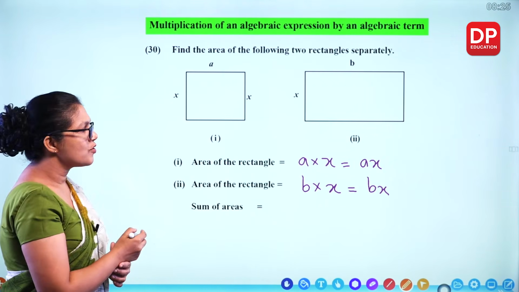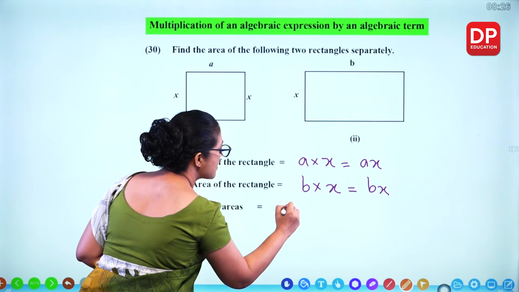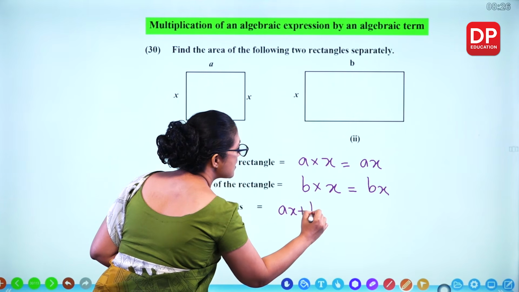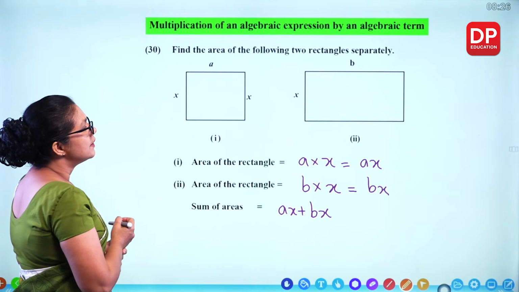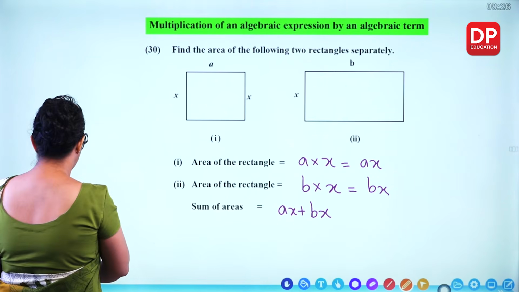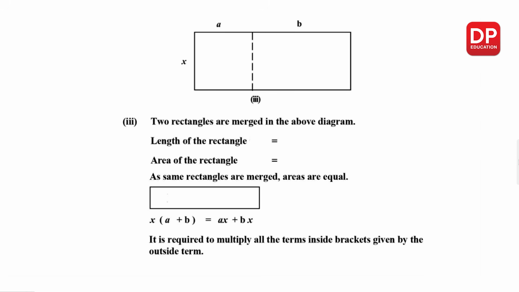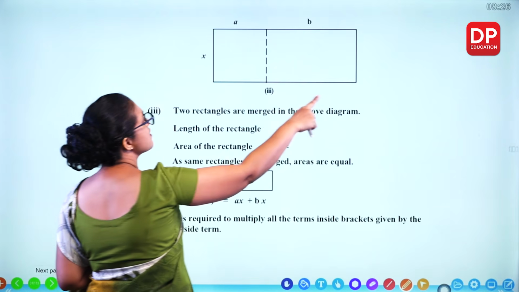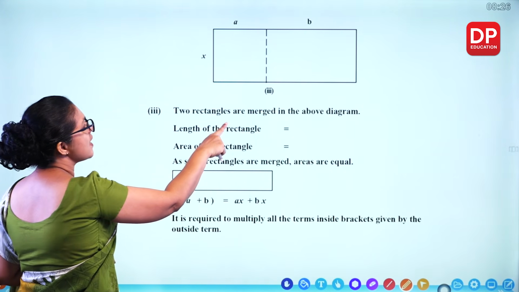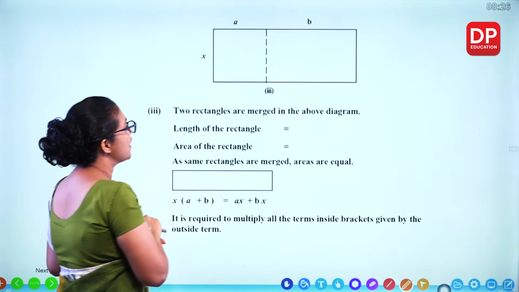Sum of areas, you can just add it. ax plus bx. Now when you combine the two rectangles, you are getting a big rectangle. Two rectangles are merged in the above diagram.